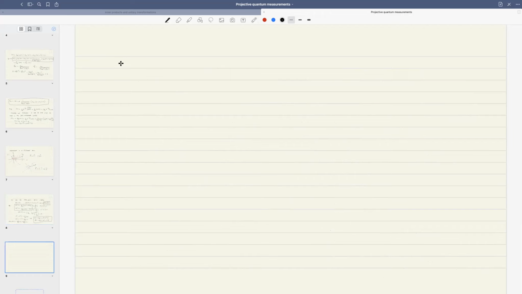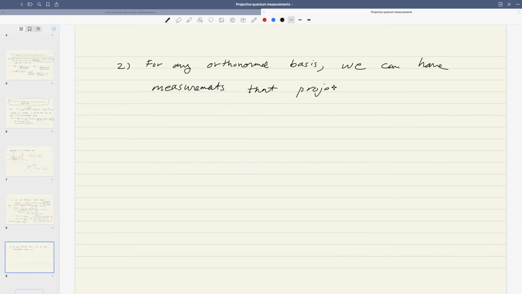So the idea is we can imagine for any orthonormal basis, in the sense that different basis vectors are orthogonal and each of them is normalized, we can have measurements that project the state to basis vectors.